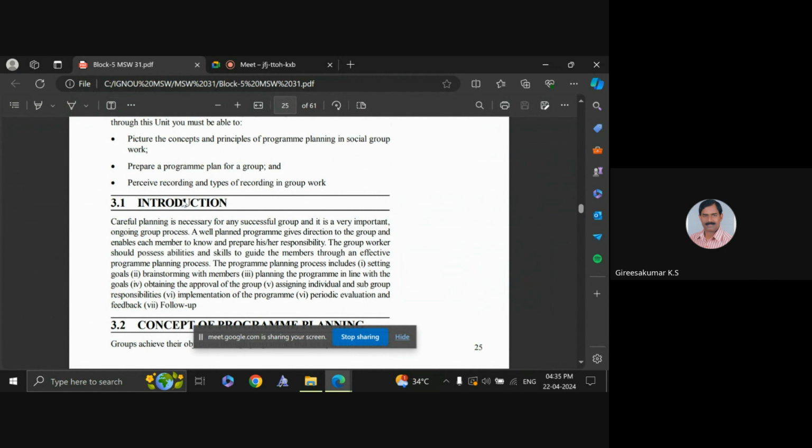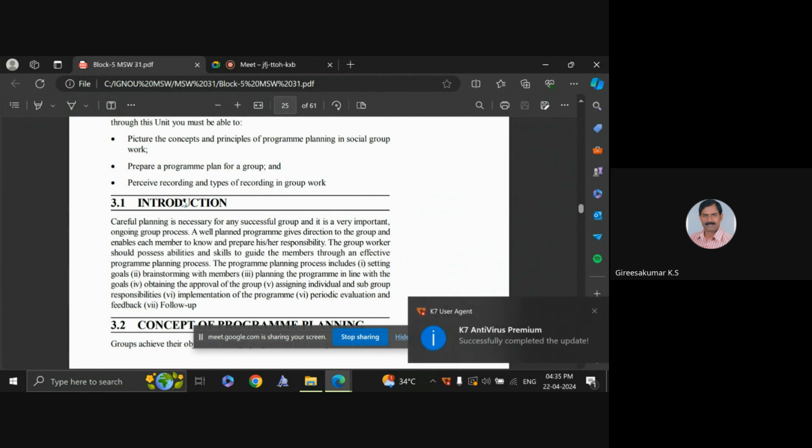Simple example: if you want to go for a wedding or to a particular place, you have to plan that and arrange things as per your planning, without which you may not succeed.